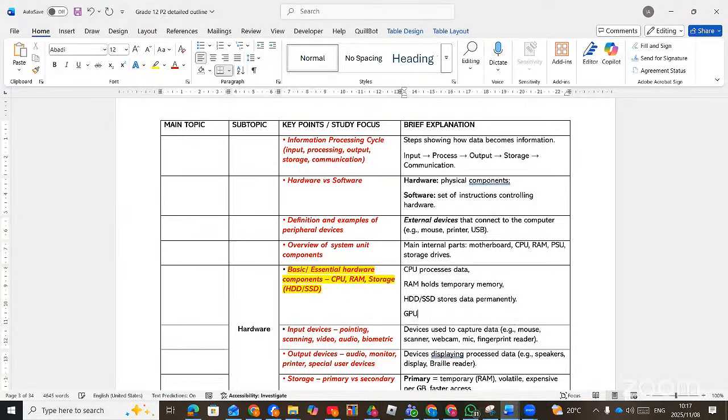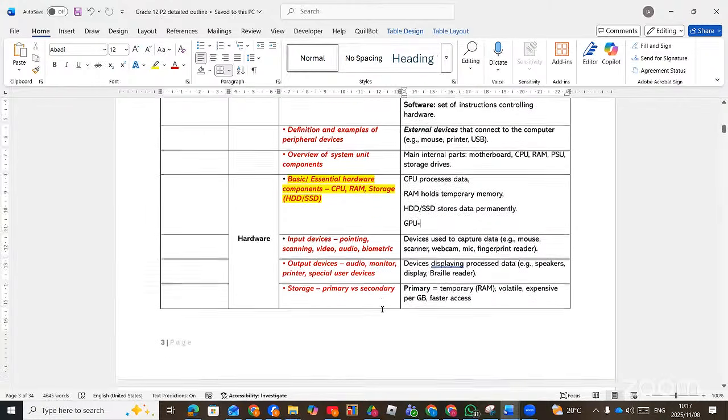We can also accept GPU, graphic processing unit. These components enhance the performance of the computer also. So they are the basic components of the computer. The RAM holds data temporarily, which is volatile. And then the storage keeps data permanently, which is non-volatile. So you need to know these also.